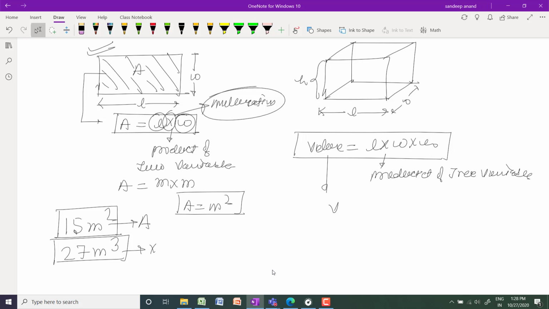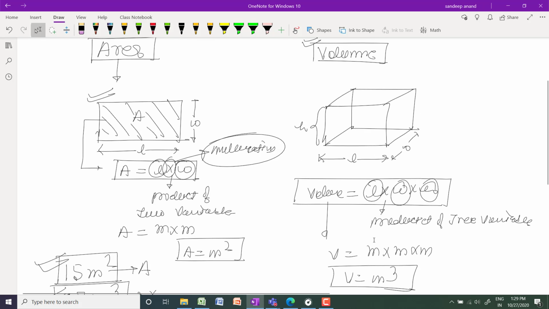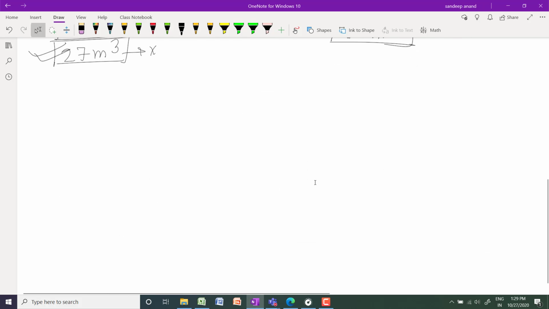In volume, length is measured in meter, width in meter, height in meter, so the volume will be in meter cube. So 27 meter cube gives the indication of volume, whereas meter square gives the indication of area. This is a basic thing I wanted to tell you, what is area and what is volume, but now let us move to the numerical part, the pure mathematics.